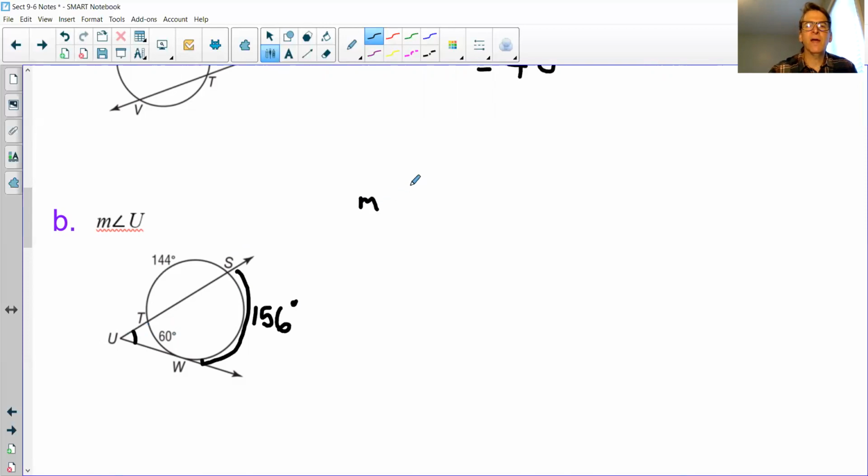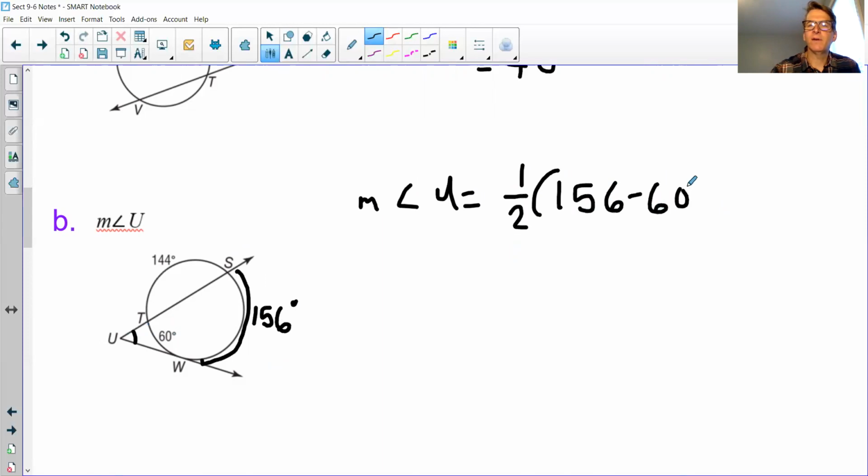So the measure of angle U is equal to 1/2 times the difference of 156 minus 60. Okay, so again, back to what we were given. We were given parts and pieces of the circle, and we have to find this arc first by using 360 degrees minus this sum of 144 and 60.